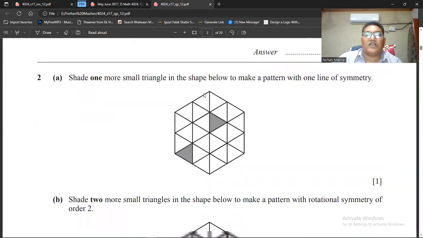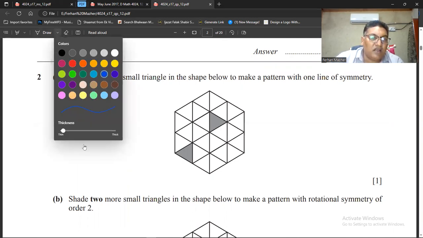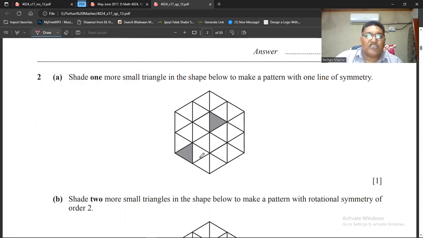Question number 2, A part. Shade one more small triangle in the shape below to make a pattern with one line of symmetry. So I will shade this one, and when I shade this one, this will be the line of symmetry.